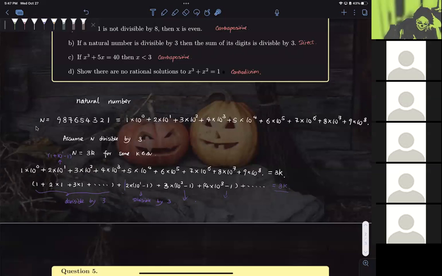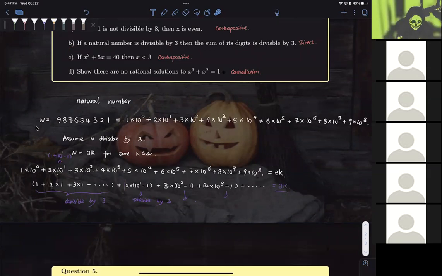The reason we're using this is because we know 10 to the power of something minus 1 is always divisible by 3. No, you cannot use numbers. I just said the proof of this is too long that I do not have time to go over the whole thing.